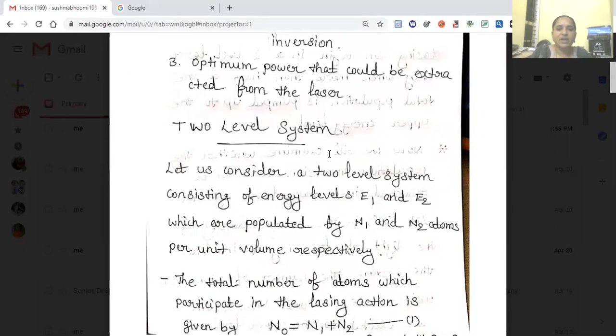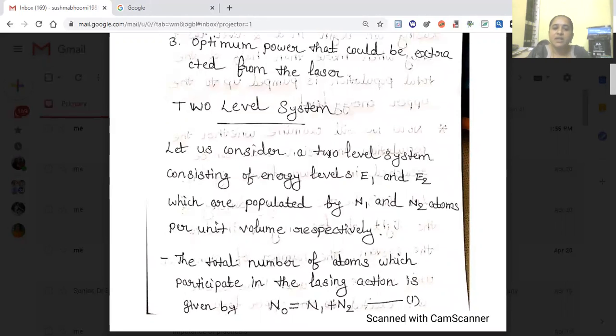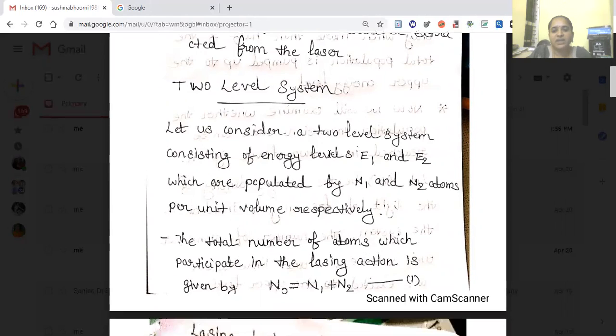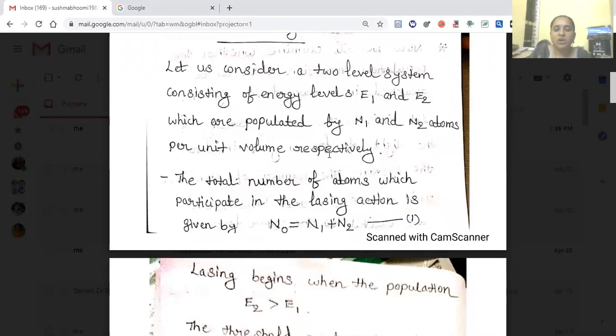So let us consider a two-level laser system consisting of energy levels E1 and E2, which are populated by N1 and N2 atoms per unit volume respectively. So the total number of atoms which participate in the lasing action is given by N0 equal to N1 plus N2.